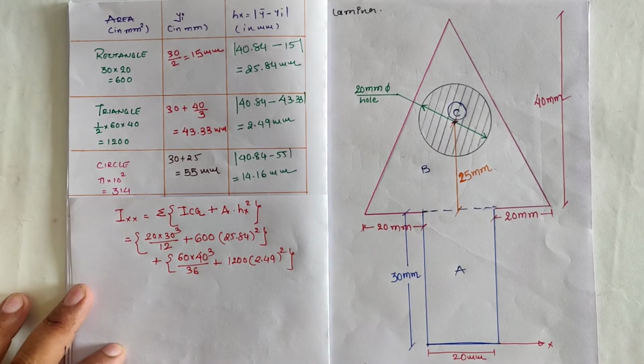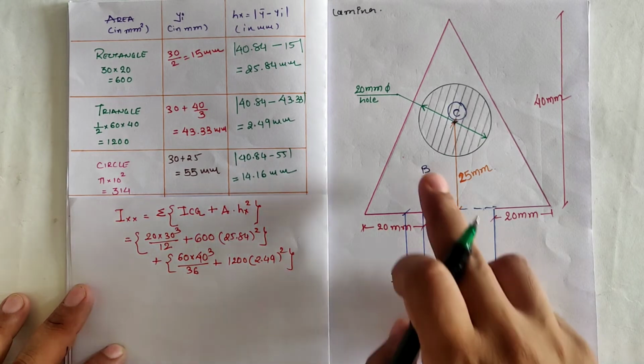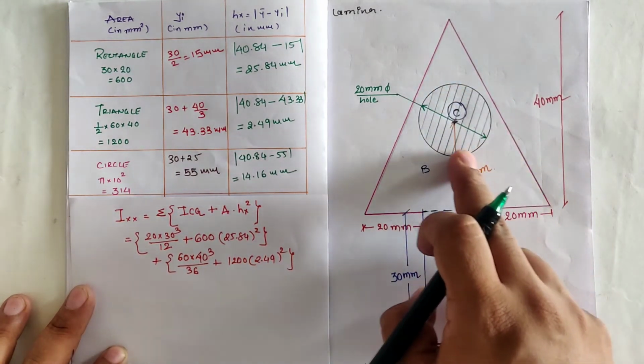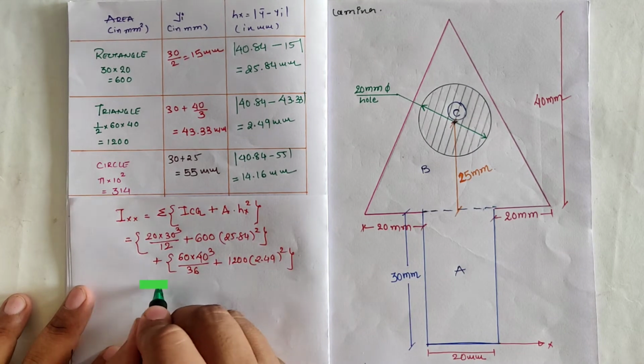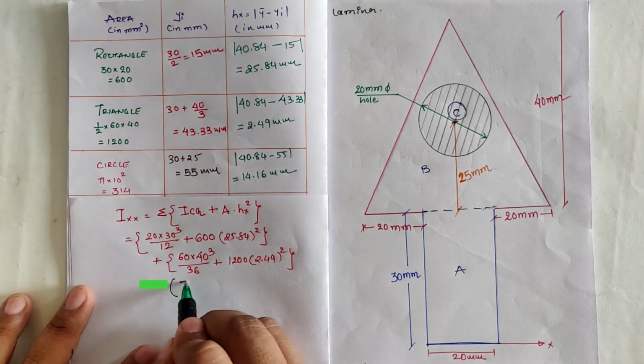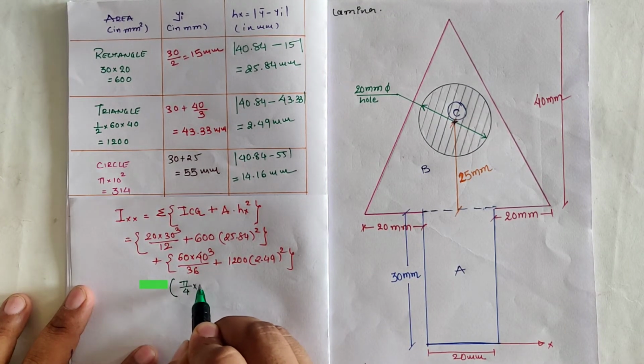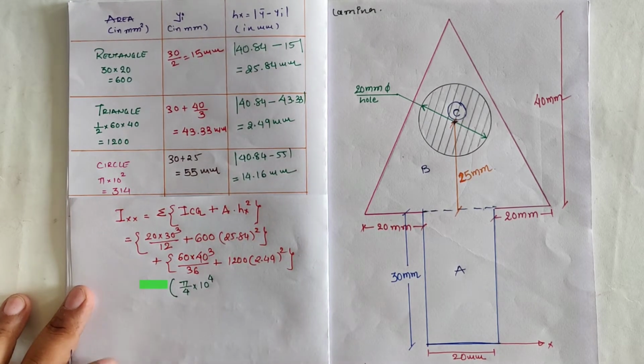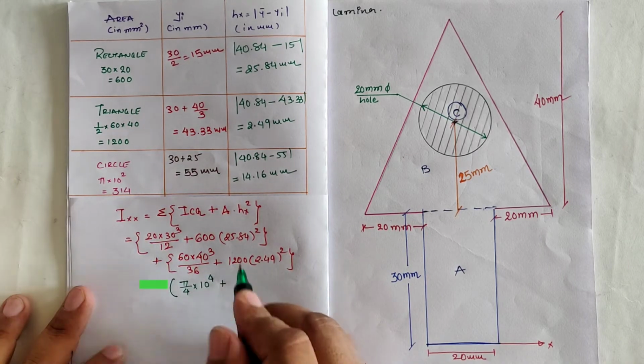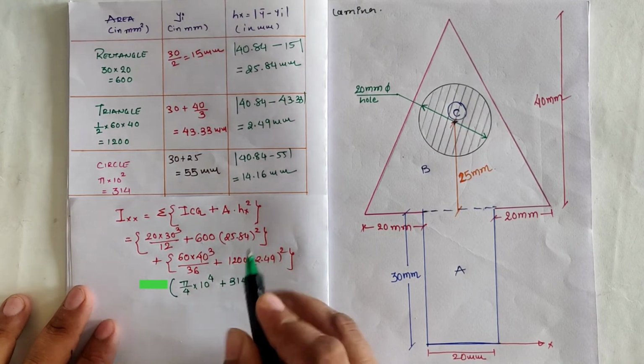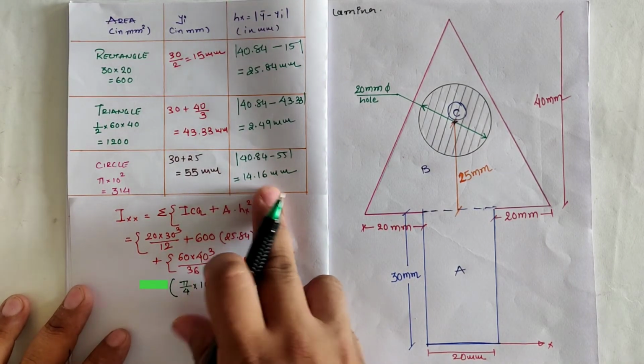Now the moment of inertia with respect to CG of the circle is pi by 4 r raised to 4, or we can use pi by 64 d raised to 4, plus area as 314 into hx, which is 14.16 square.